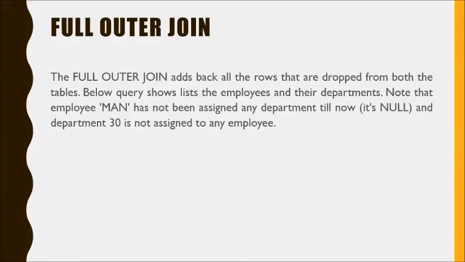A full outer join adds back all the rows that are dropped from both the tables. The below query shows the list of employees and their departments. Note that employee Man has not been assigned any department till now, so it is considered as null, and department 30 is not assigned to any employee.